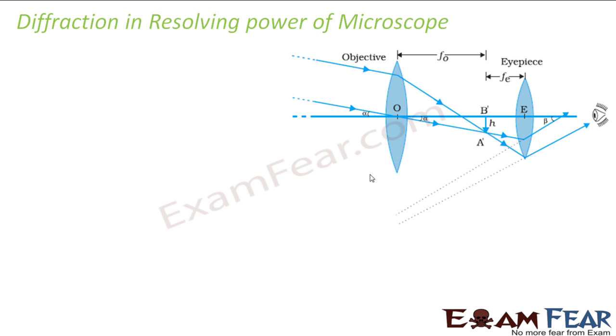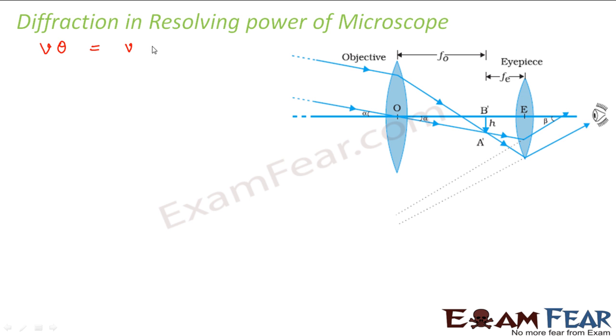When distance between 2 points in a specimen is comparable to the wavelength of light, then diffraction occurs. So the image which is formed is nothing but a diffraction pattern. That is quite obvious. So in this case, what would be the image formed in that case? That will be nothing but V into theta. This would have been the normal size of the image, and this theta came into picture because of the diffraction pattern.